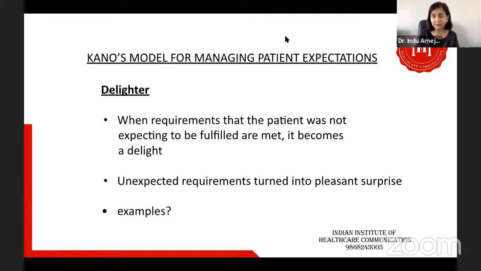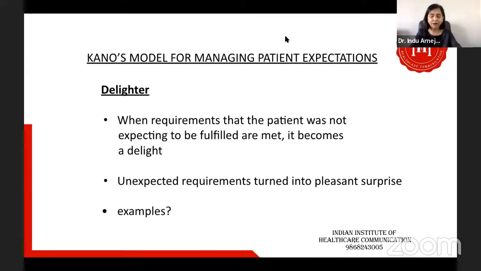What is wrong in it? Now I think every corporate hospital focuses not just on the patient, but also on the attendants and their comfort. Delighters are something the patient needs but does not expect the hospital to fulfill. But when you fulfill it, it's a delight to them.